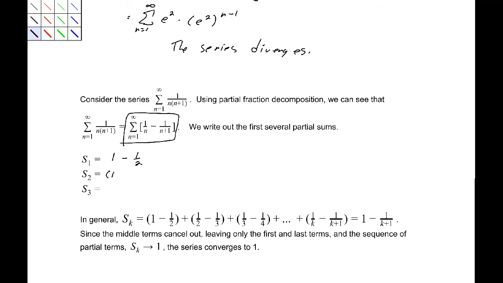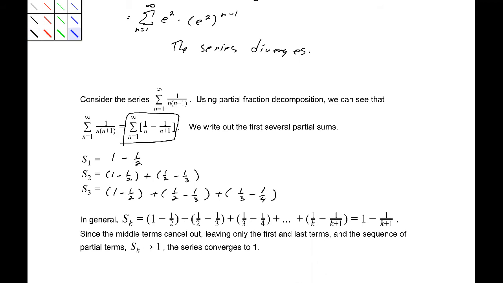S2 is 1 minus 1/2 plus 1/2 minus 1/3. S3 is 1 minus 1/2 plus 1/2 minus 1/3 plus 1/3 minus 1/4, which, if you notice, that's written below. In general, we have a bunch of canceling terms.